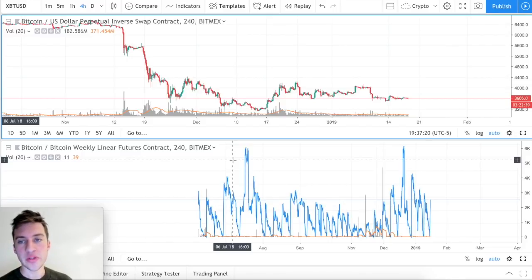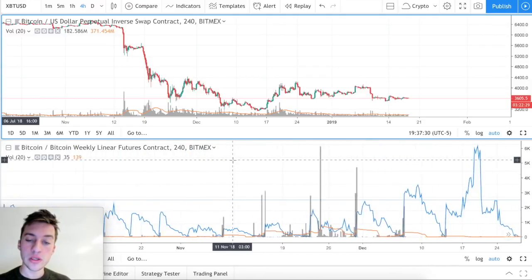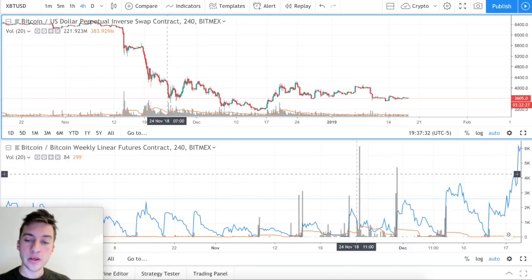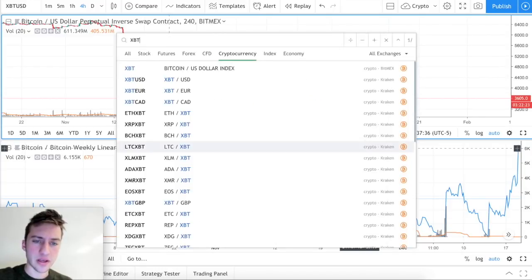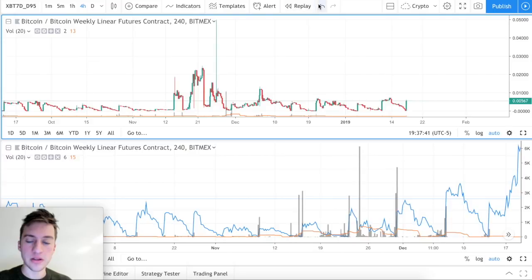What we can also use is volume. If we've seen an insane amount of volume, that can show us that a lot of retail traders are probably buying these contracts. So if I was to go to here and look for a volume spike, you can see that we had a, is this the upside or the downside? I actually forgot.